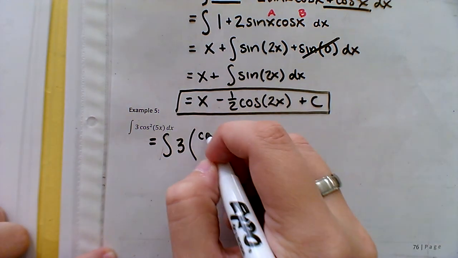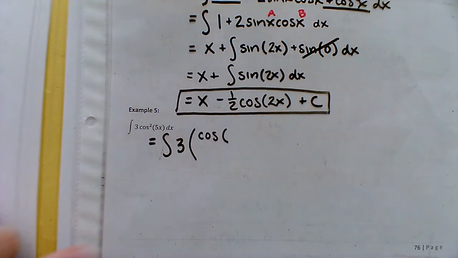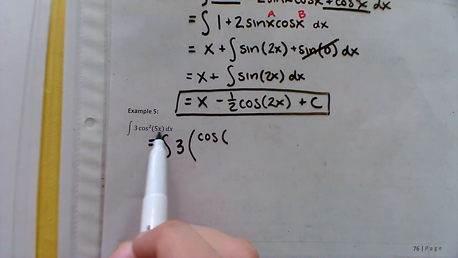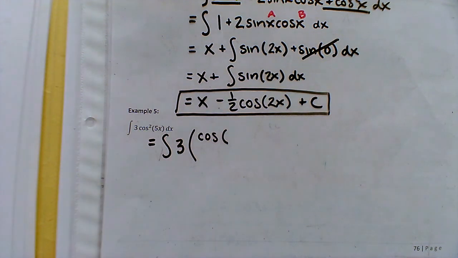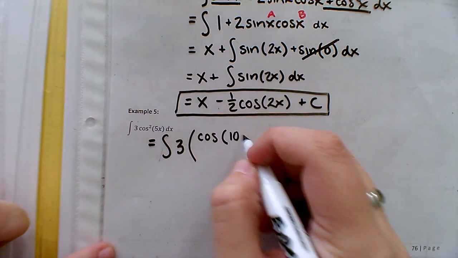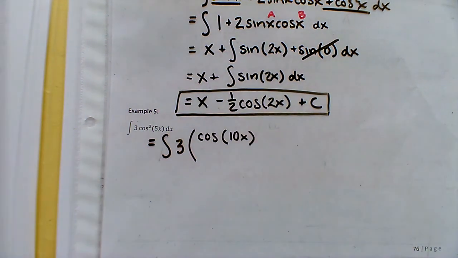So we need cosine, and according to the double angle, it's 2 times a, but notice how your a value is 5x, right? That's what your angle is representing. So if we take 2 times that, it would be 10x.